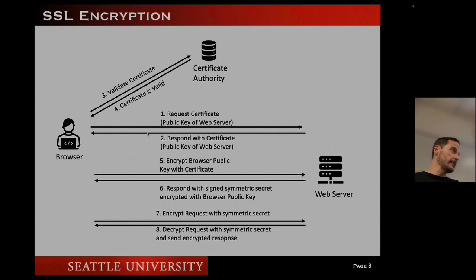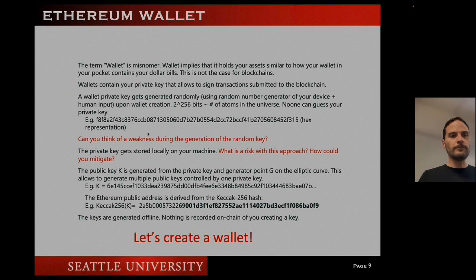And now they have a shared secret key that they can use going forward using symmetric key encryption, which is much faster. So, very similar to the example I showed earlier with Bob and Alice, but it includes how to exchange the public key.